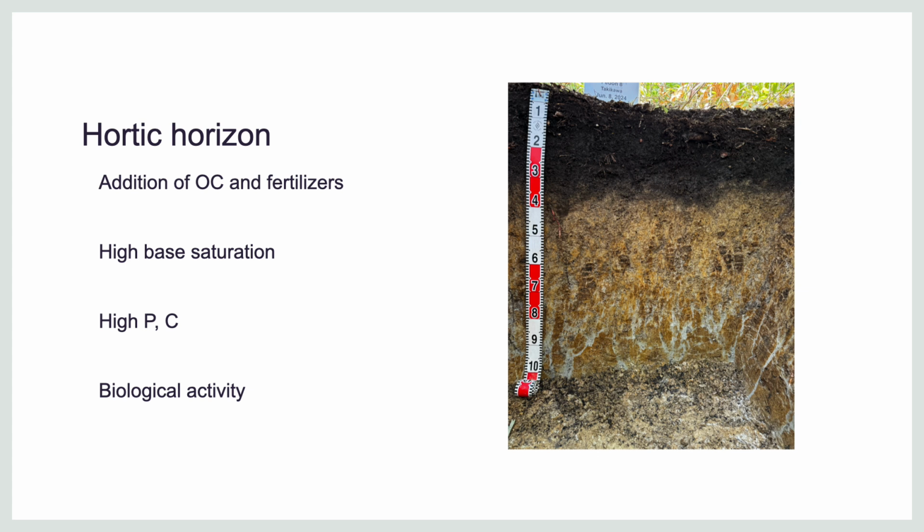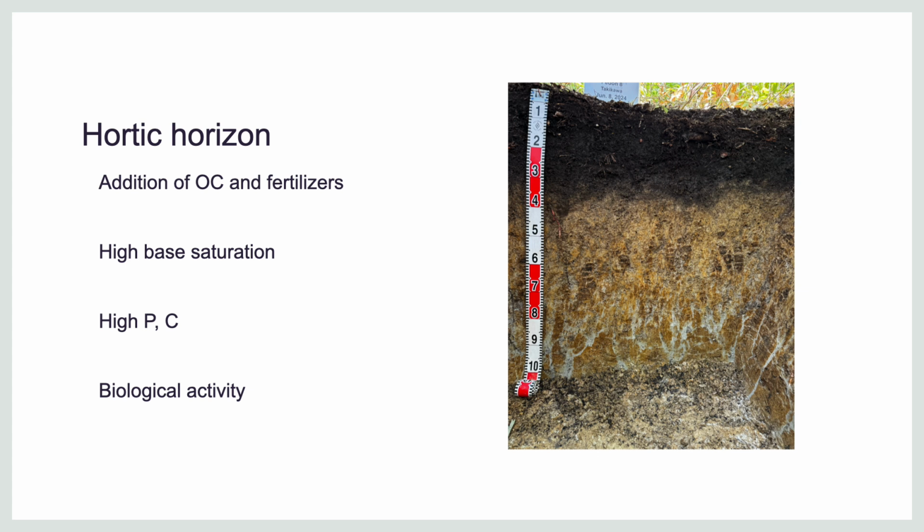We also have the anthropic horizon, and the anthropic horizon expresses the addition of organic carbon and fertilizers by humans. So in some soils with very low fertility, humans can induce an increase of fertility, adding soil organic carbon and fertilizers, and then create the anthropic horizon.